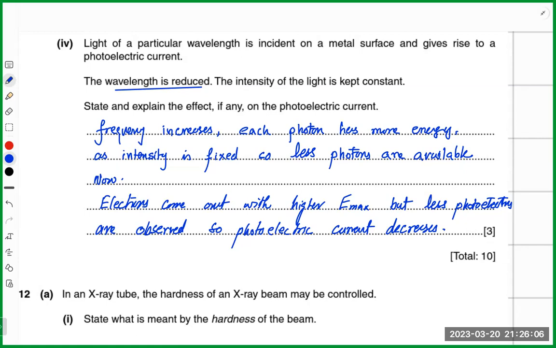And if there are fewer photons, there will be fewer photoelectrons, hence there will be less photoelectric current. Okay. So you can solve more questions with energy levels and photoelectrons by yourself and discuss the problems tomorrow. Tomorrow we'll start X-rays.